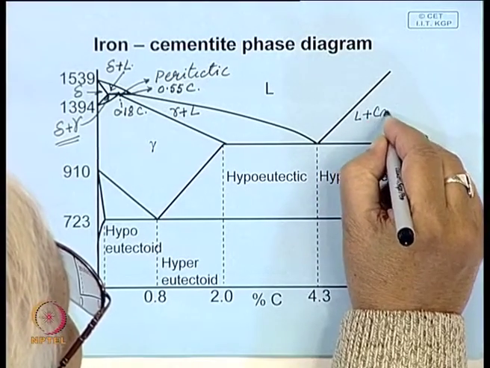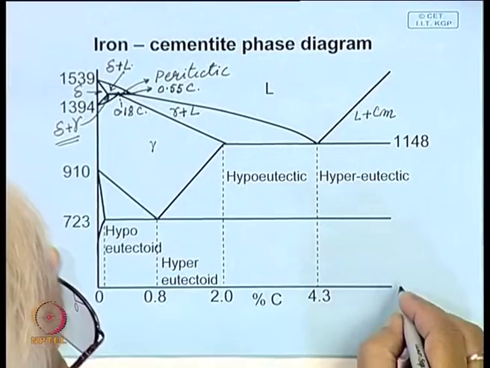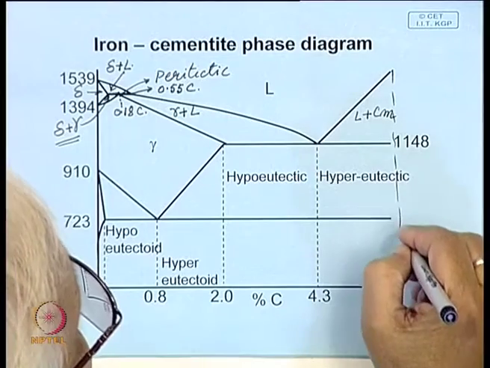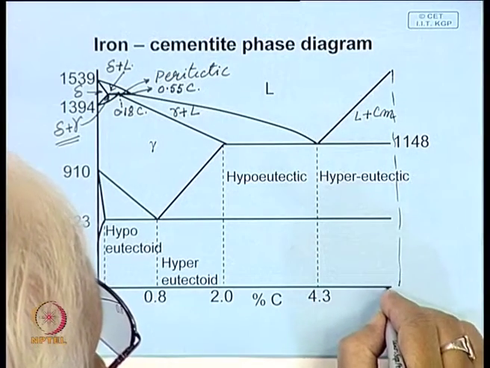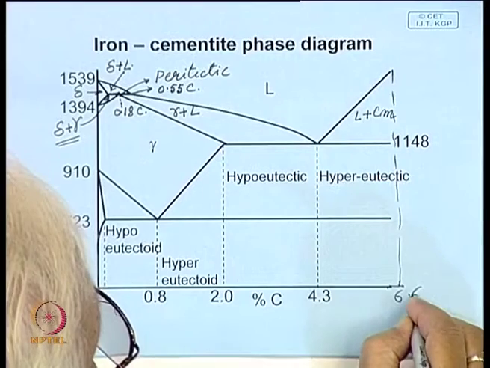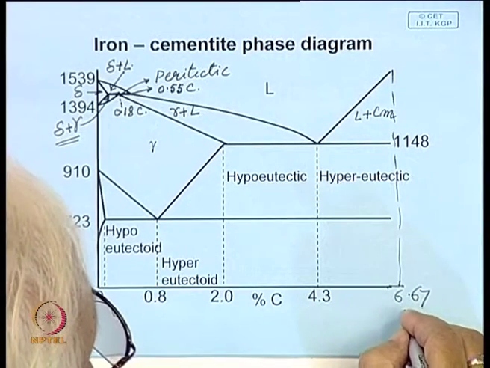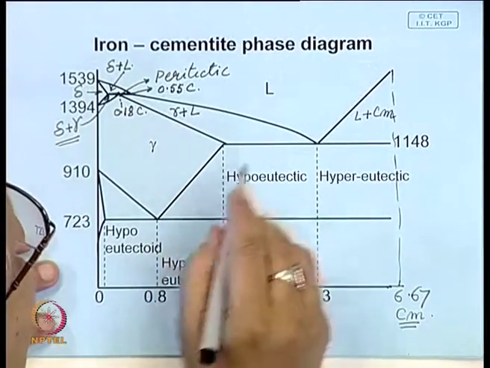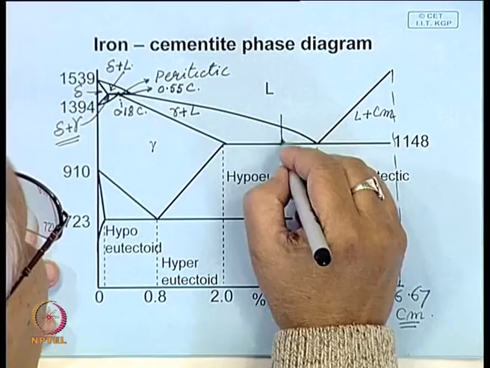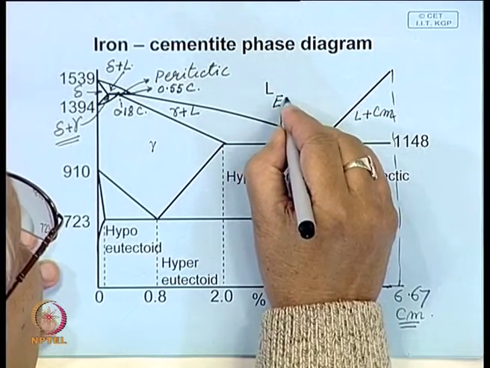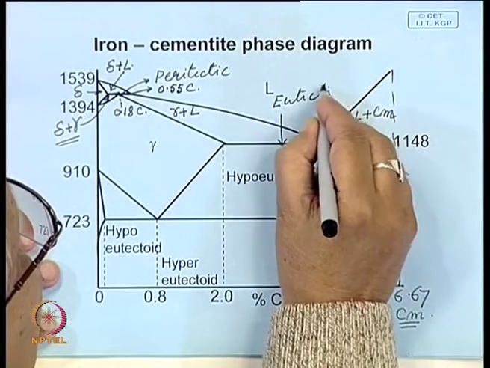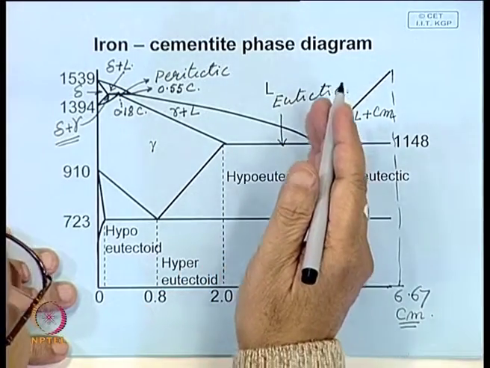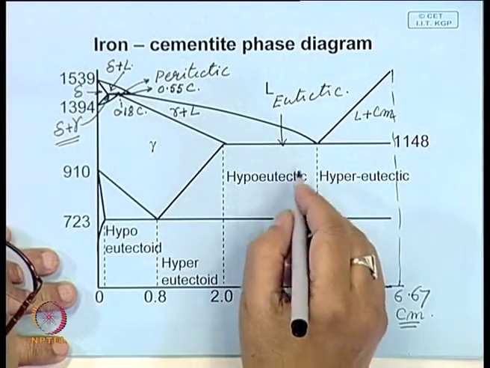From liquid, cementite will precipitate out, and this diagram represents 6.67% carbon. So, this line represents cementite, and this isotherm is called eutectic, and the same terminology is followed.